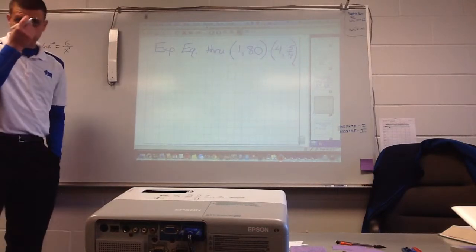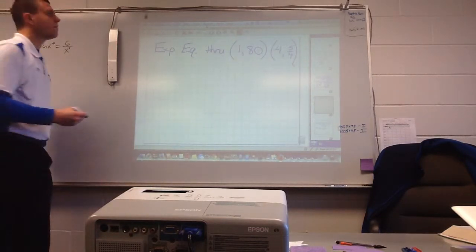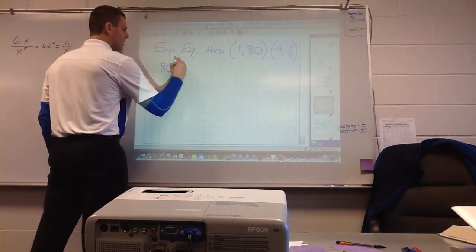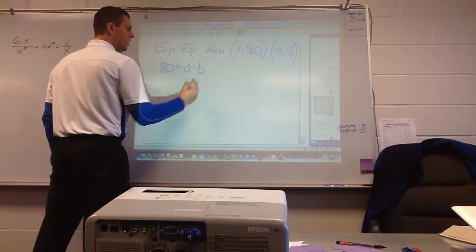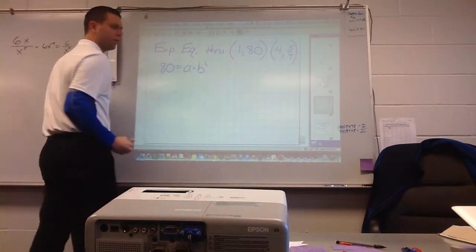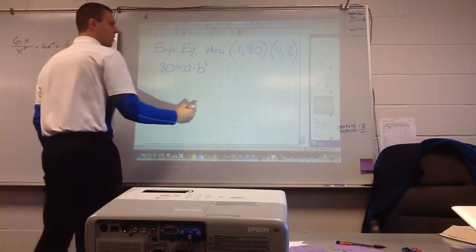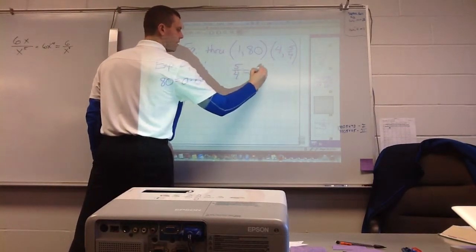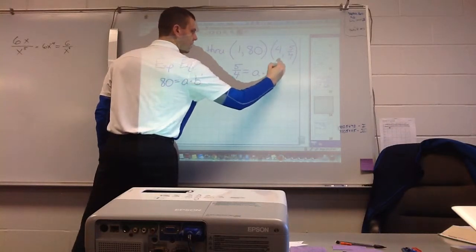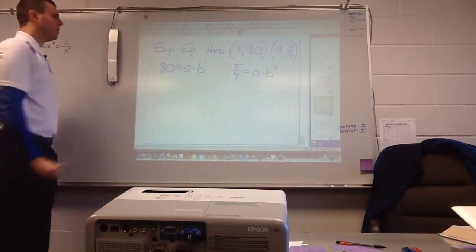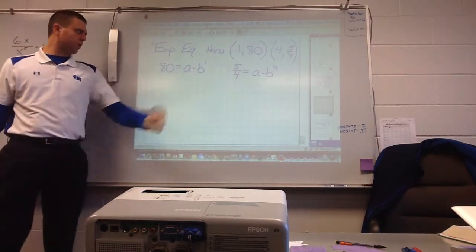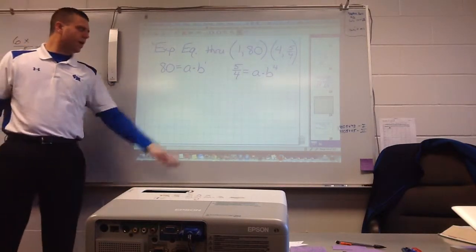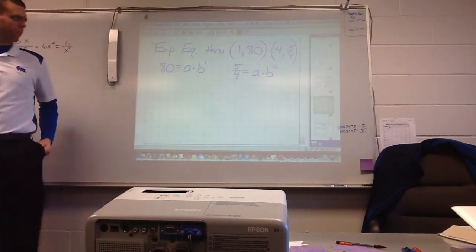What do we write? 80 equals A times B to the first power. And then what else will we write? Write your two equations, 80 equals a times b to the first, or just a times b, and then 5/4 equals a times b to the fourth.